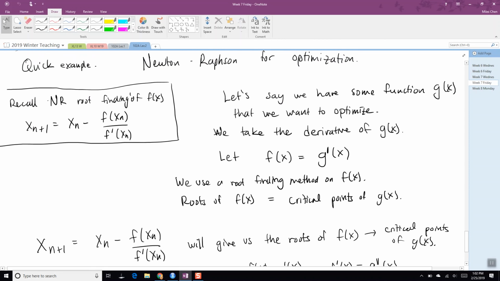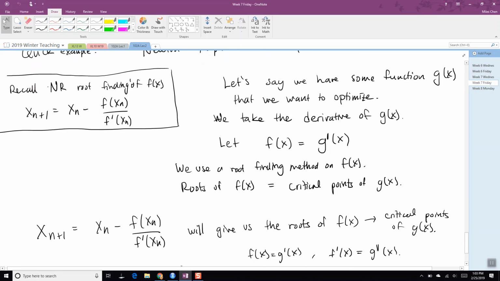I just gave a quick example for the Newton-Raphson method. If we wanted to turn it into optimization, we'd say we have some function g of x, and we're going to let f of x equal g prime of x. If we do that, we can find the roots of f of x, which uses this algorithm: xn minus f of xn over f prime of xn, and that gives us our next iteration value.